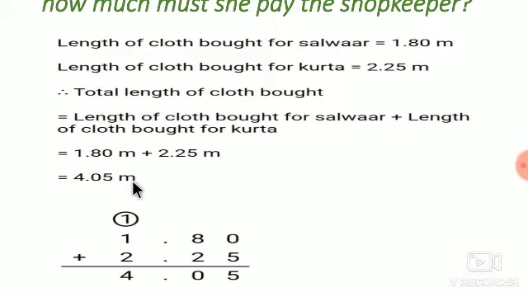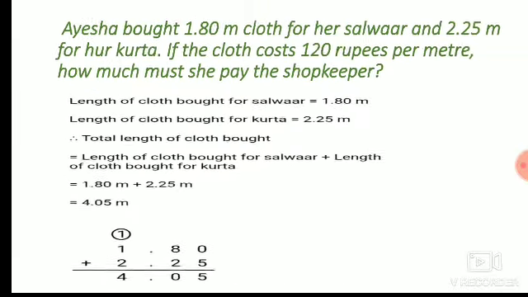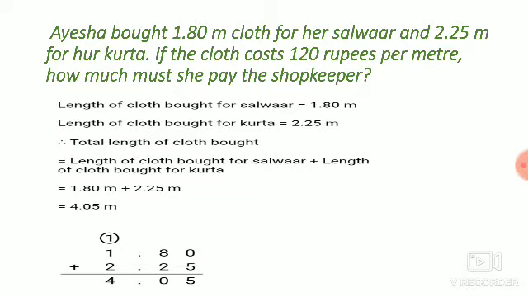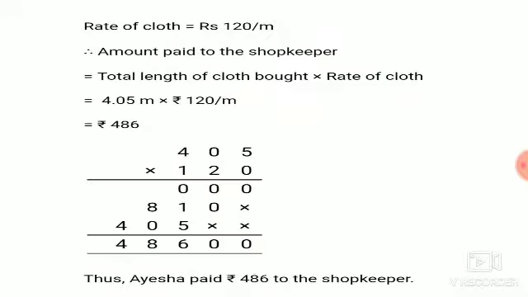So this much cloth is bought by Ayesha. Now the rate for the 1 meter of cloth is given, that is 120 rupees per meter. So amount paid to the shopkeeper is the total length of cloth bought multiplied by rate of the cloth.